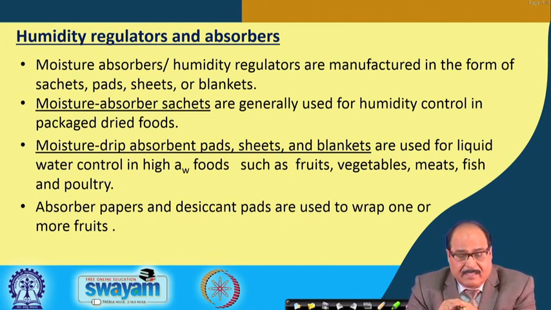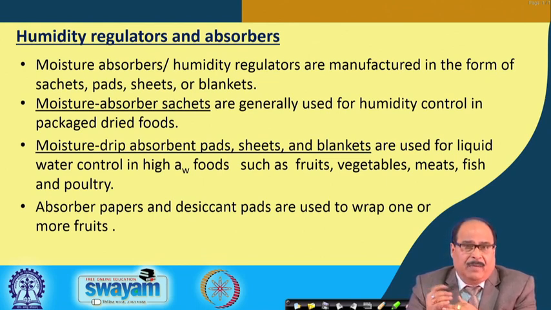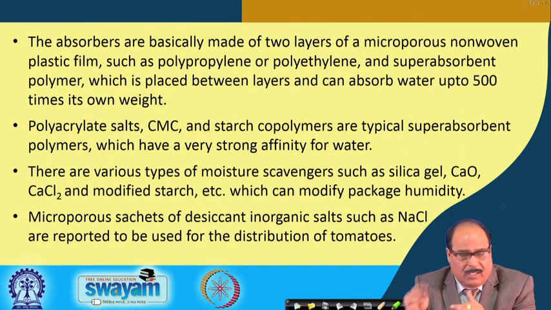Moisture absorber sachets are generally used for humidity control in packaged dried foods, whereas moisture drip absorbent pads, sheets and blankets are used for liquid control, that is, for foods which have high water activity like fruits, vegetables, meat, fish, poultry, etc. Absorber papers and desiccant pads are used to wrap one or more fruits together.